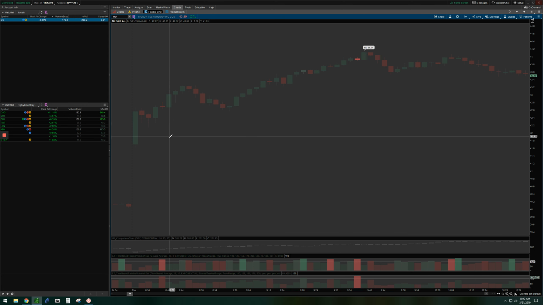That's not going to always be the case. Like here, I took a setup that didn't have a good risk to reward to the high of the day, which was only a few pennies above my entry. But what it did give me was more attractive than just a breakout of this high. So I think we had pretty much equal highs up here on these two candles, and I don't buy high of day breakouts.